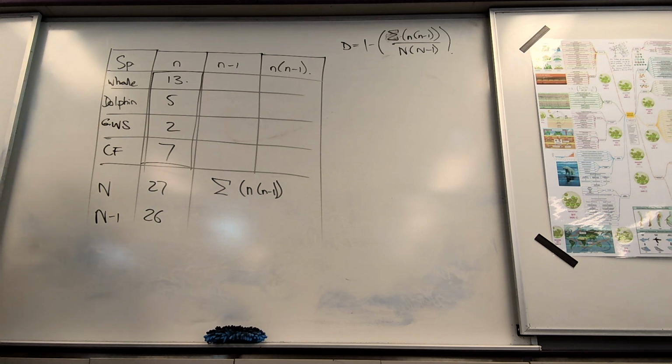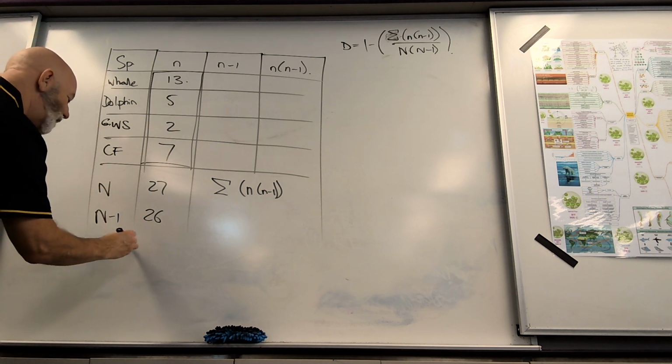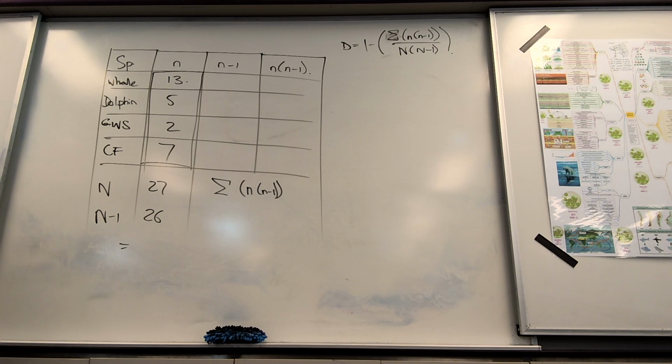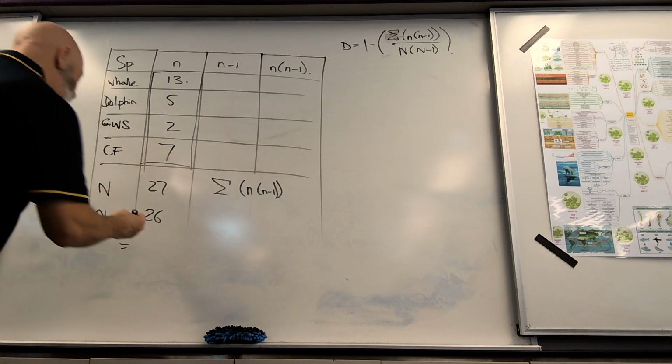So eventually we're going to have to do 27 times 26. Anyone want to do that? 27 times 26? You will need to bring a calculator to the test on Monday. 702.